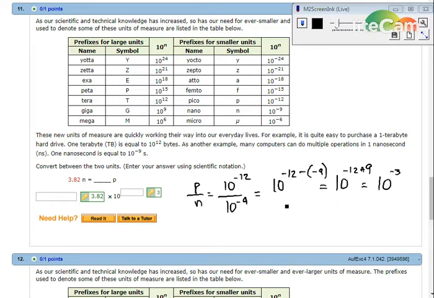So what this says is that the picometer is about 1,000th, because 10 to the minus 3 equals 1 over 10 to the third. So the picometer is 1 over 1,000 nanometers, 1,000th of a nanometer. So 1 picometer equals 1,000th of a nanometer.